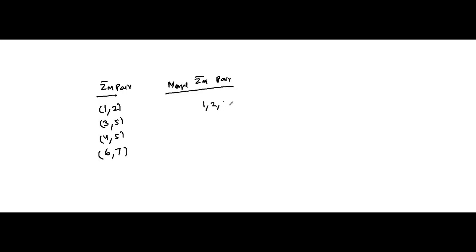1, 2, 3, 5, and let's say 1, 3, 5, 7. We have these two merged Minterm pairs.